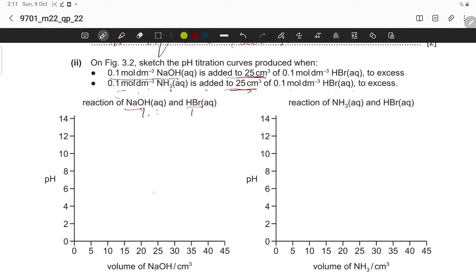So this is a strong acid and strong base; draw the starting curve like this. Again it is 25 cm^3; draw like this.